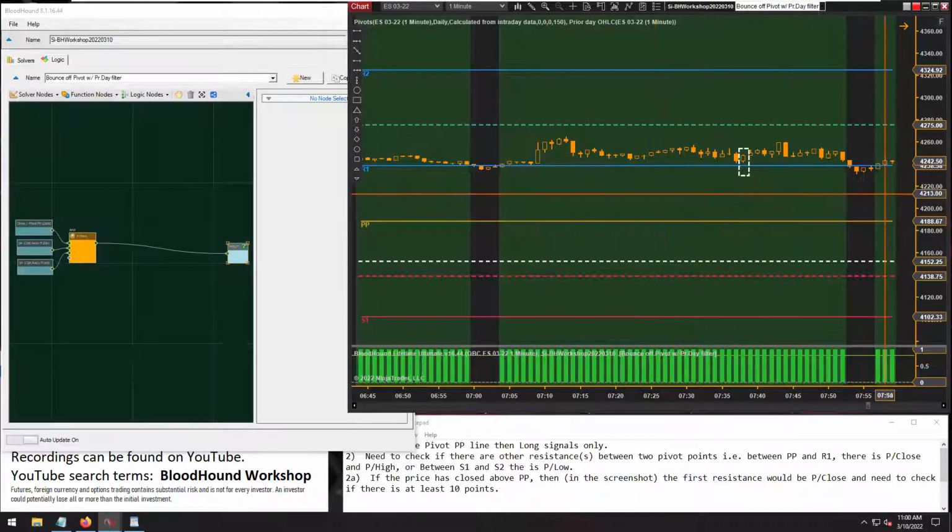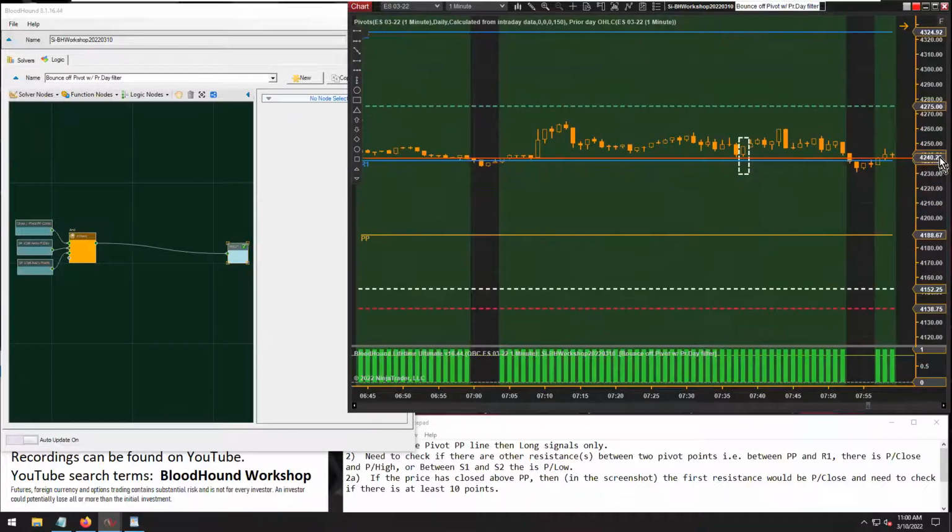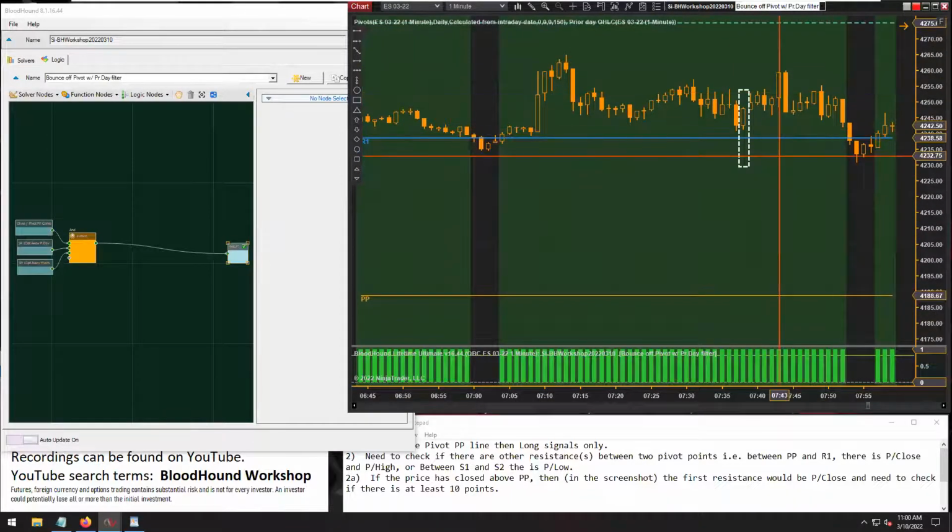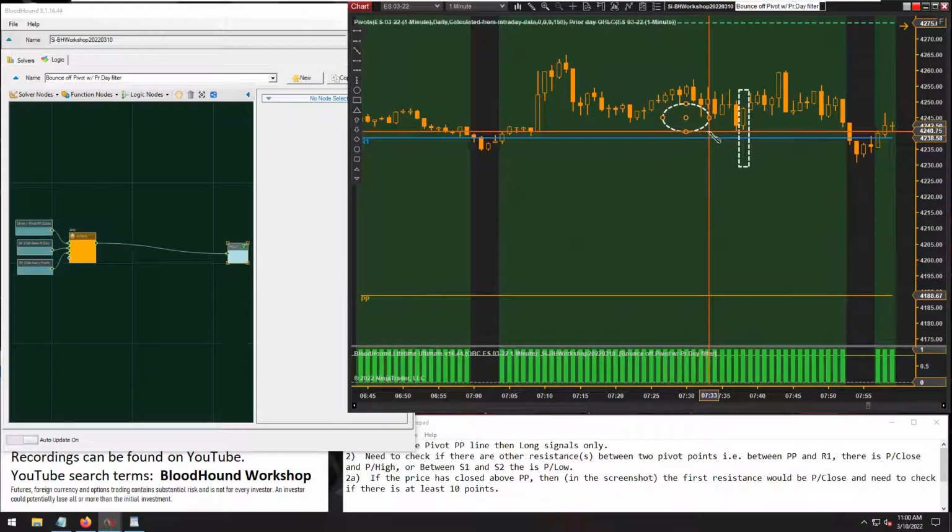Obviously it's a matter of how we determine the requirements of a bounce here. We do have enough separation there, prior to the market coming back in and bouncing off.